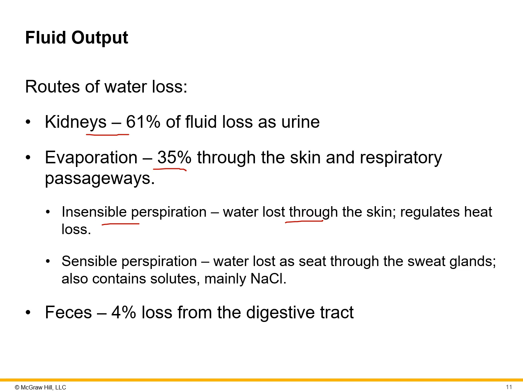And then we also have sensible perspiration, which is water lost as heat through the sweat glands. This also would contain solutes like sodium chloride. And then we also have the release of some fluid in our feces, which is about 4%.